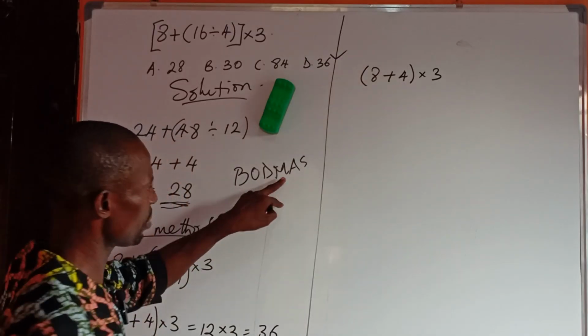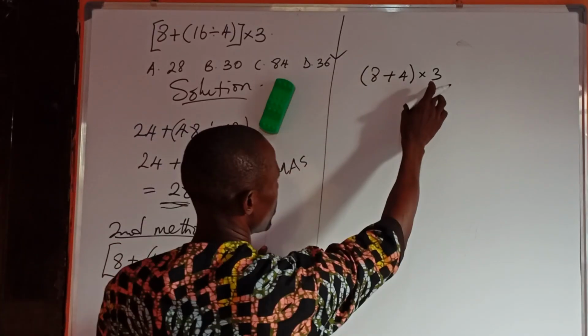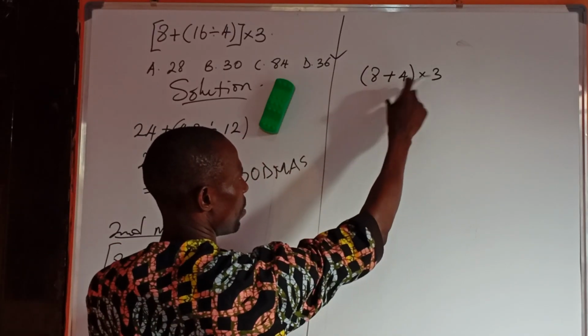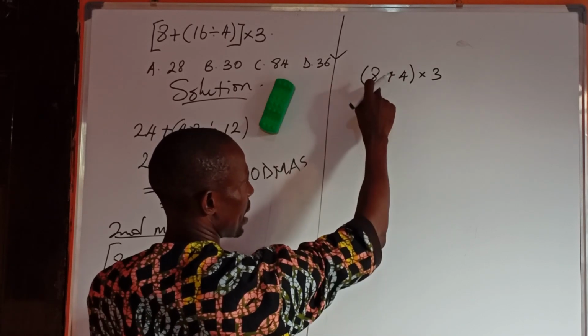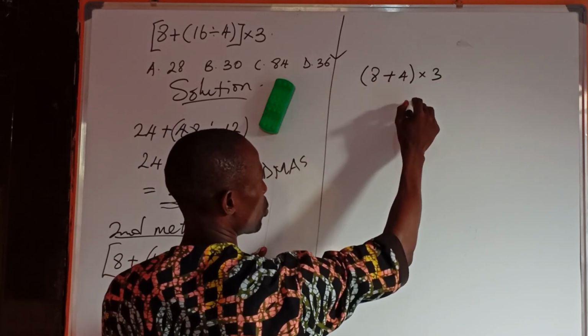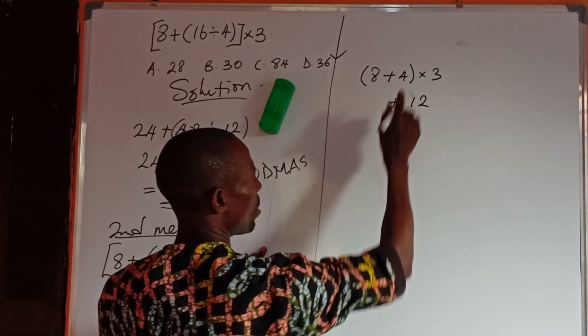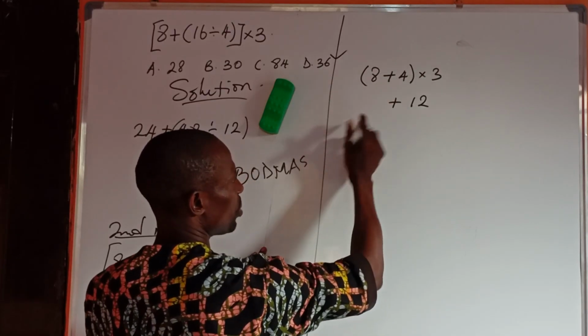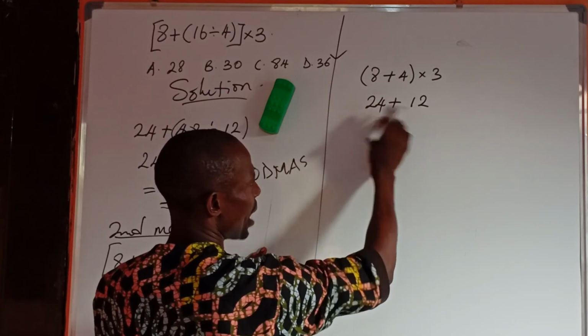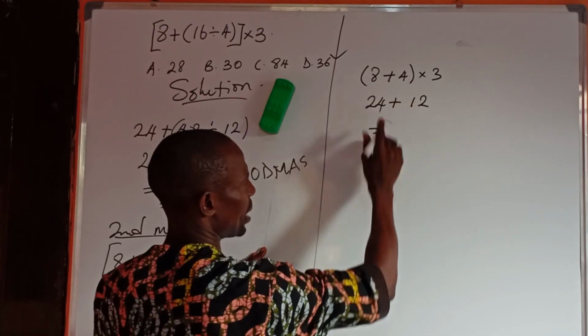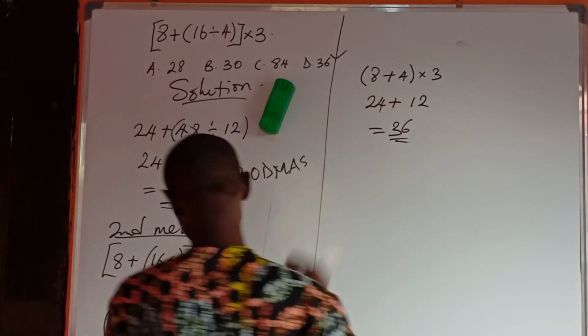Then dealing with the multiplication before the addition, this is going to give us 3 times 4, then plus our 3 times 8. So 3 times 4 will give us 12, right? Then plus our 3 times 8 will give us 24. So if we add 24 to 12, that is going to give us 36, which is the same thing.